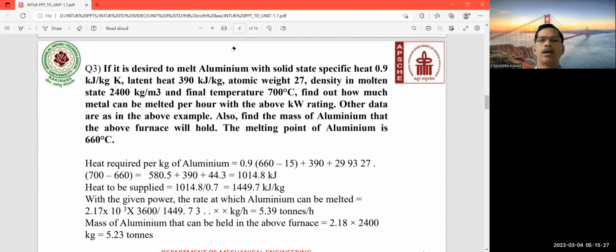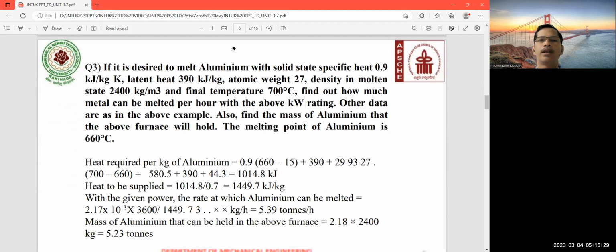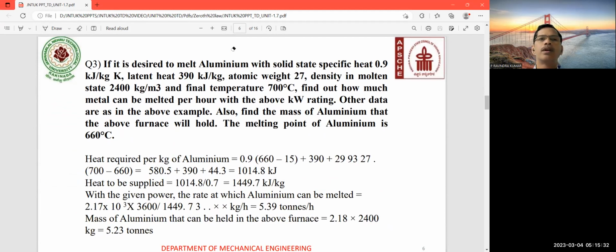Next, there is another problem, the third problem. It is desired to melt aluminum with a solid state specific heat of 0.9 kilojoule per kg, latent heat of 390 kilojoule per kg, atomic weight of aluminum 27, density in molten state 2400 kg per meter cubed, and final temperature 700 degrees centigrade.